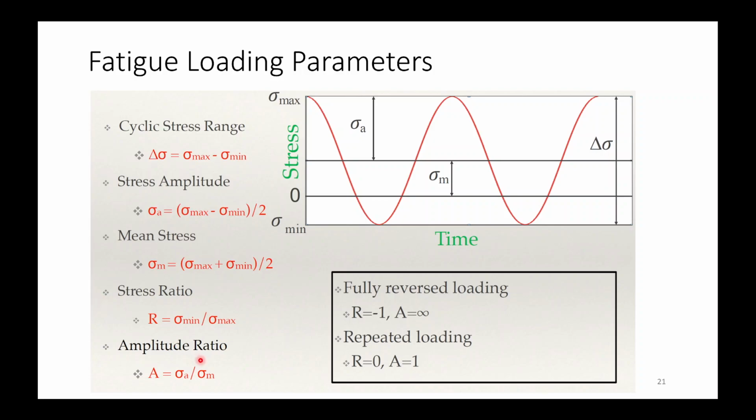Amplitude ratio will be sigma a, the amplitude, divided by sigma m, the mean stress. In the case of fully reversed loading, the stress ratio R will be -1 and the amplitude ratio A will be infinite. And in the case of repeated loading, R will be 0 and A will be 1.